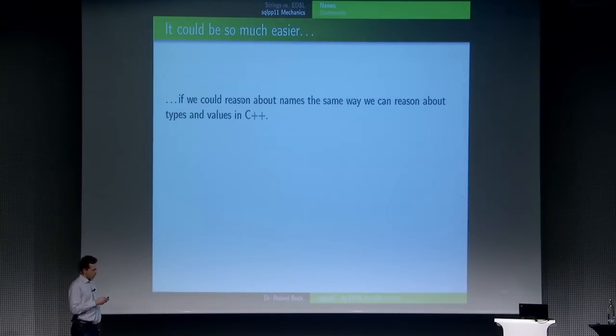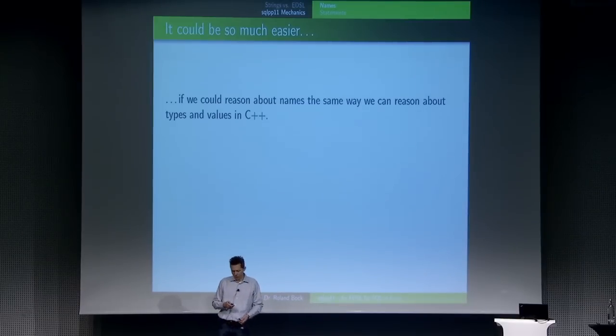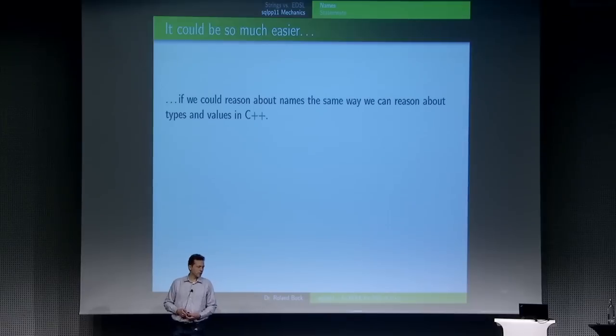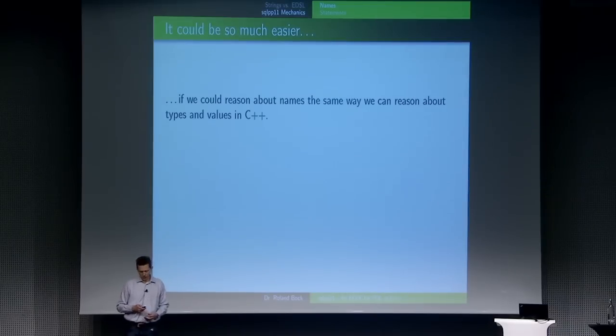Right. Now this whole thing could be so much easier, because it's so much work, and I'm really annoyed by it, I have to say that. It works just fine. It works really beautifully, and I wouldn't want to live without the features that come with it. But it could be much easier if we could reason about names in the same way that we can reason about types and values at compile time.